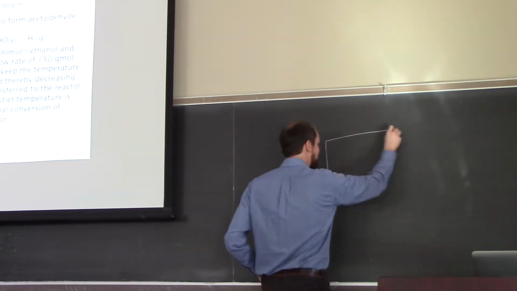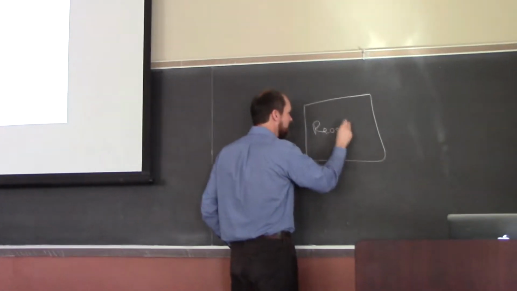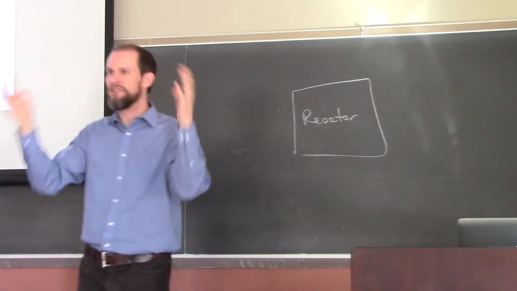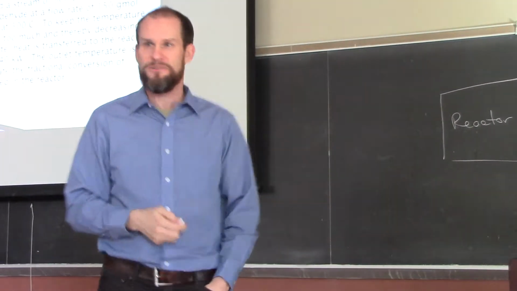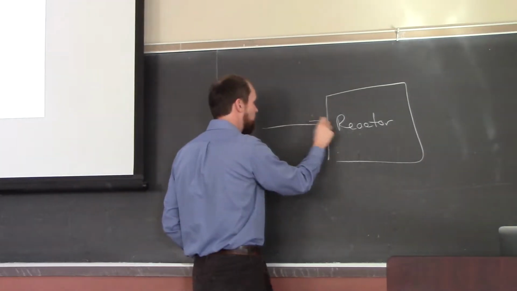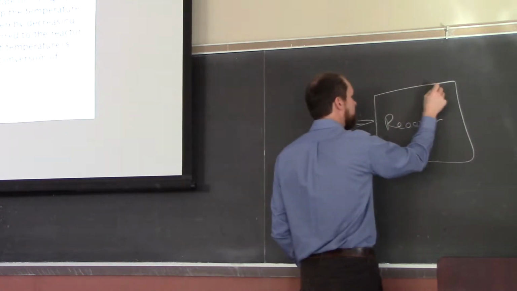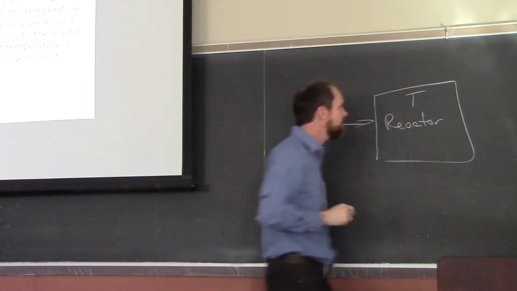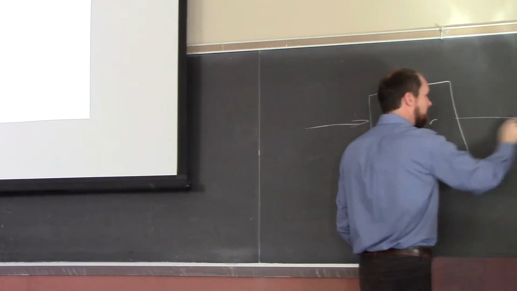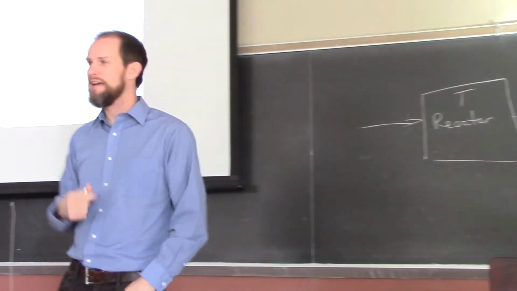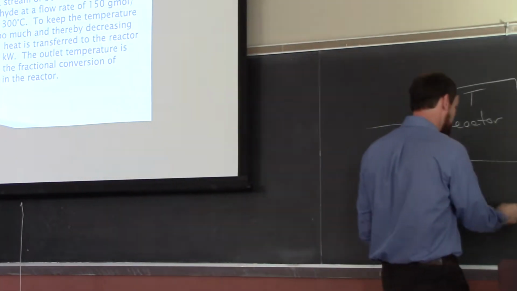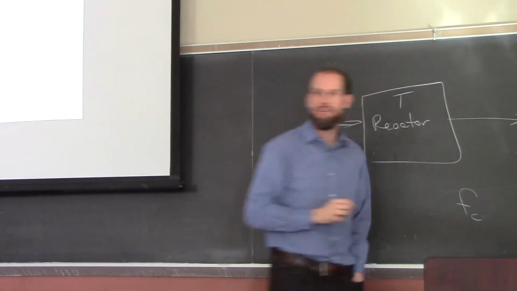So as chemical engineers, we'll often start by just making a picture of the unit operations that we're doing. So in this case, a reactor. Nikhil said we've got to worry about some kind of flows of stuff going in. We've got to worry about some kind of temperature in the reactor. And we're worried about what's coming out and what fraction it converts to. So we want to know the fraction of conversion.